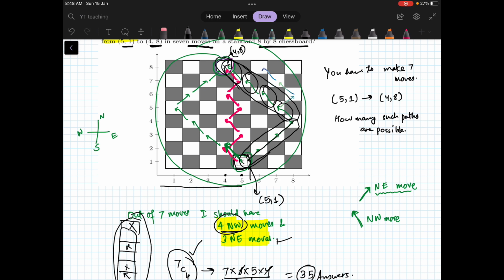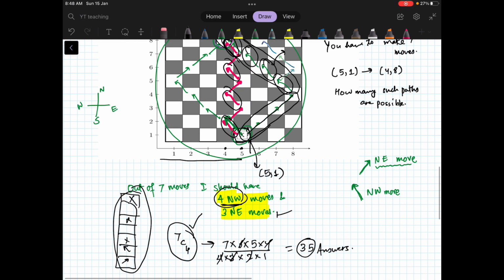So I'm choosing how many ways I can fix my northwest moves. For example, this way is one way to fix my northwest moves. Then this 1, 2, 3, 4 is another way of fixing my northwest moves. So I am seeing how many ways of fixing my northwest moves, and that is 35.